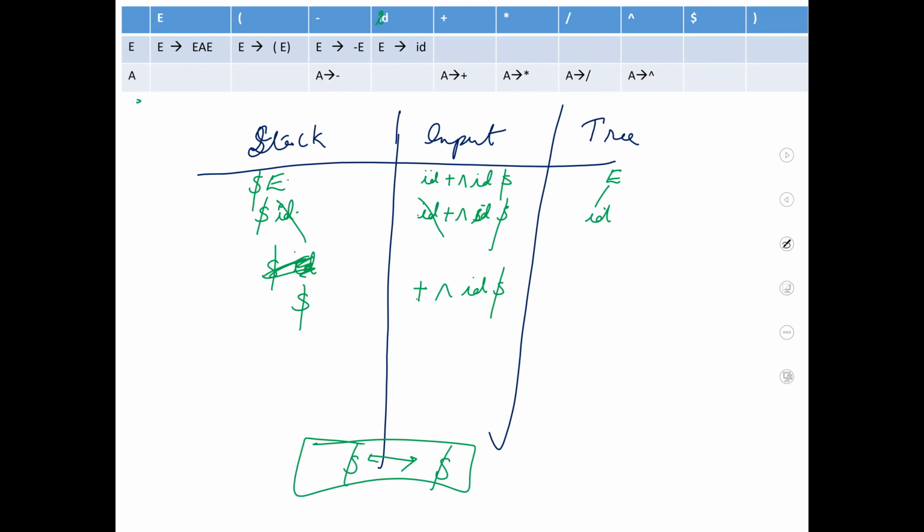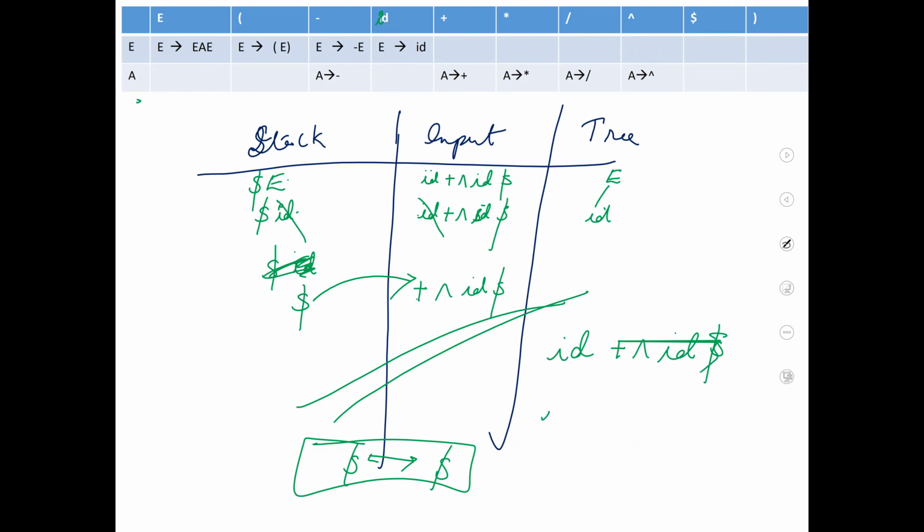The bottom of the stack shouldn't be encountering any other non-terminal. But here you get a case where dollar is encountering plus. You do not have a corresponding entry for that. So very simple, the string ID plus cap ID is not valid. You were able to prove it very simply because you're encountering dollar with the plus.